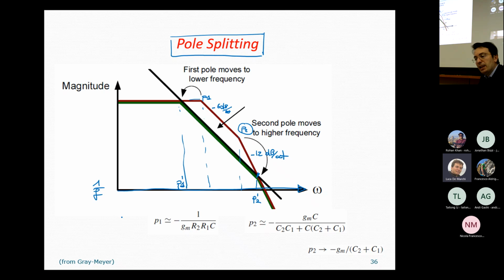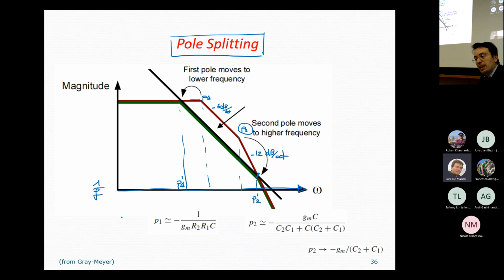But we need also an overdrive plus a threshold here. So the bottom line is that we need an overdrive here plus the threshold of the NMOS transistor. So the maximum value, if we simplify this quantity with this one, will be VDD minus overdrive minus threshold PMOS plus threshold NMOS.